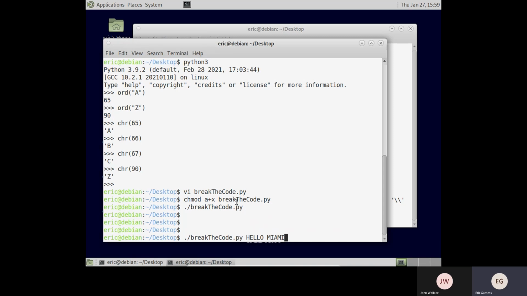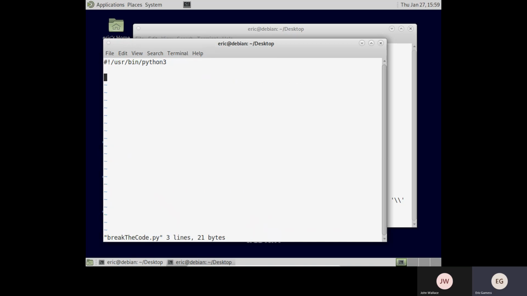So let me do a small program that will tell us this is argument sub 0, this is argument sub 1, and this is argument sub 2. So let me edit it first. To do that, I'm going to import the sys package.